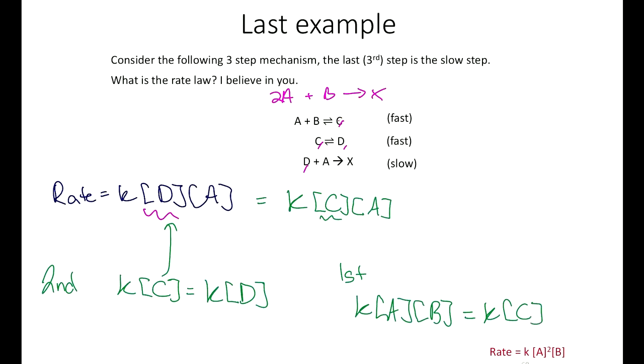So it looks like C can be replaced with an A-B concentration term. And so that's the last thing that we shove into that equation to get rid of C. So we see that the rate law is an overall K, again, I just combined all the Ks, I didn't really keep track of them, is equal to A squared B.